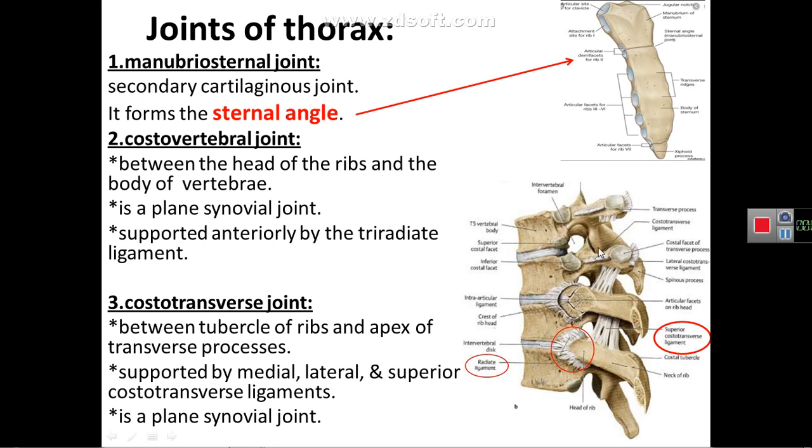The third joint is the costotransverse joint, which is between the tubercles of the ribs and the anterior aspect of the tip of the transverse process of the thoracic vertebra. This joint is also a plain synovial joint and is supported by the costotransverse ligaments, which are 3 parts: medial, lateral, and superior.